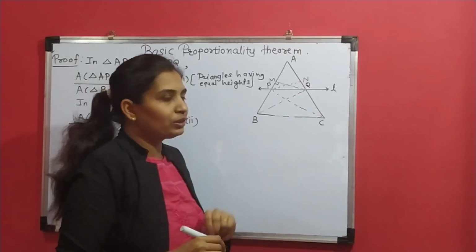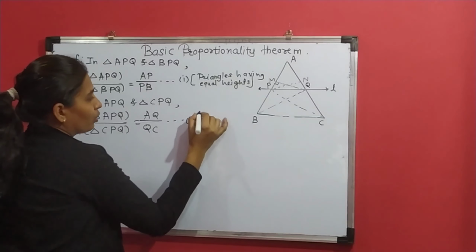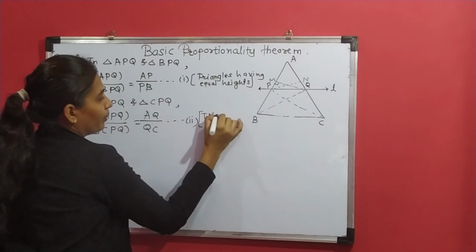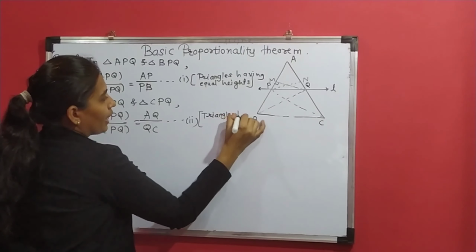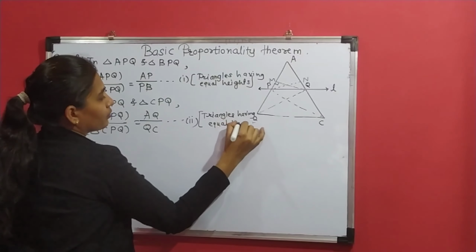These are the bases of these triangles. So again, give it as number 2 and write the same reason: triangles having equal heights.